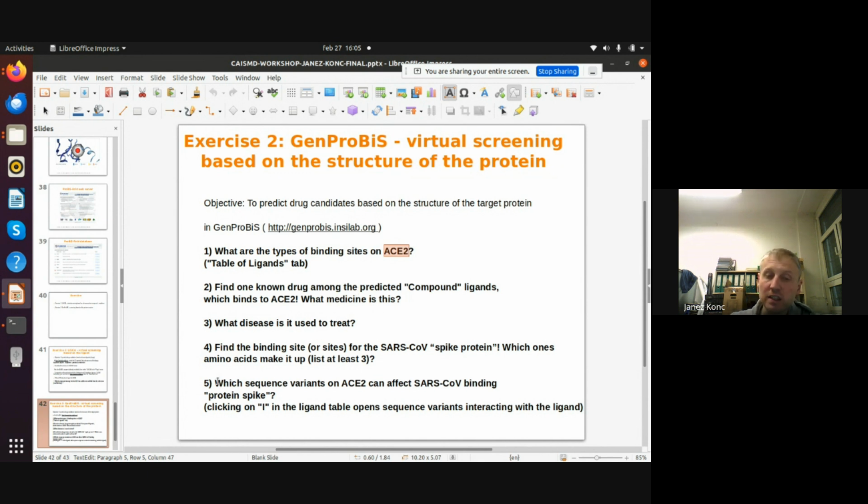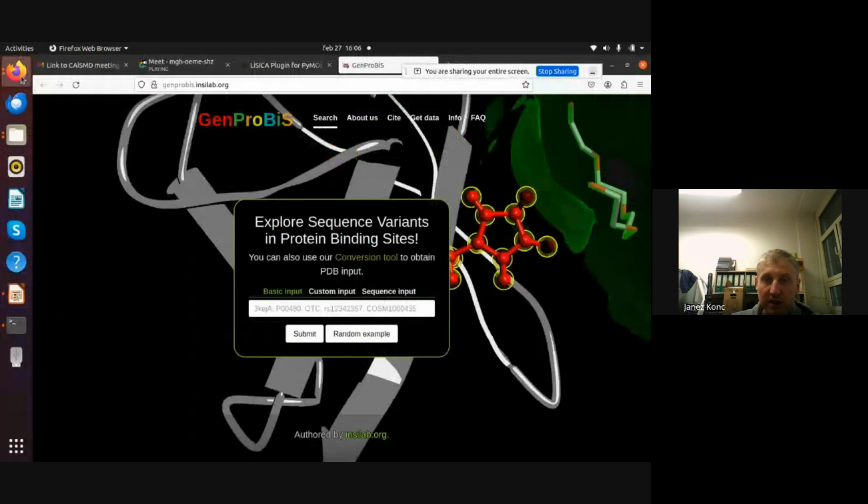And also determine which sequence variants on the ACE2 protein can affect SARS-CoV binding protein spike. So I hope I will be still able to do this.